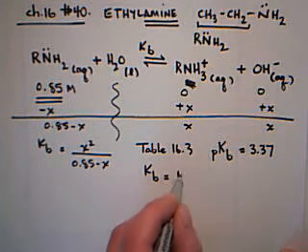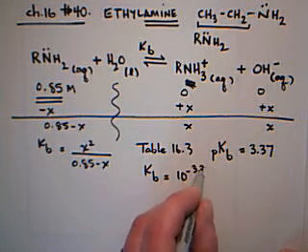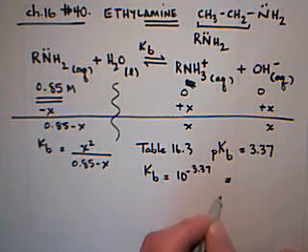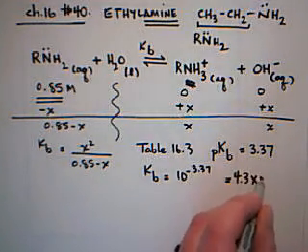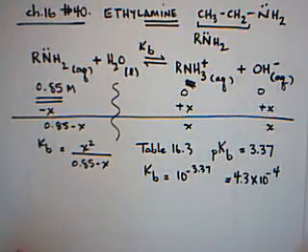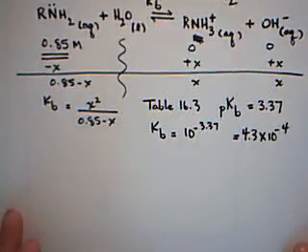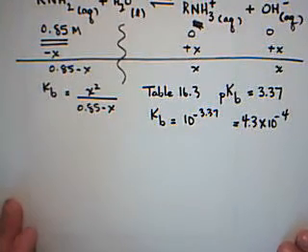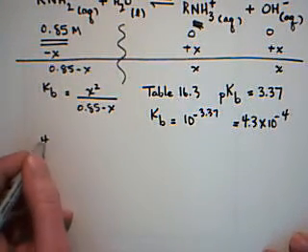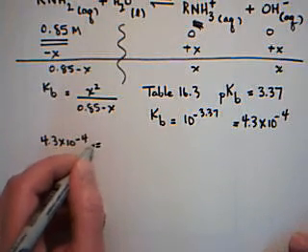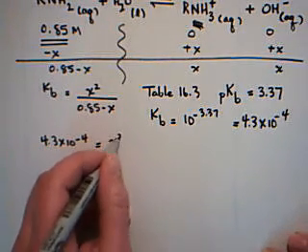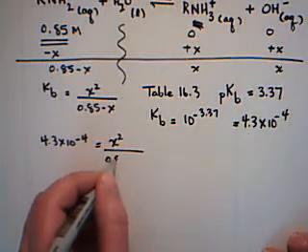Kb is what we need, 10 to the minus 3.37, and that is 4.3 times 10 to the minus 4. Okay, that's my Kb.